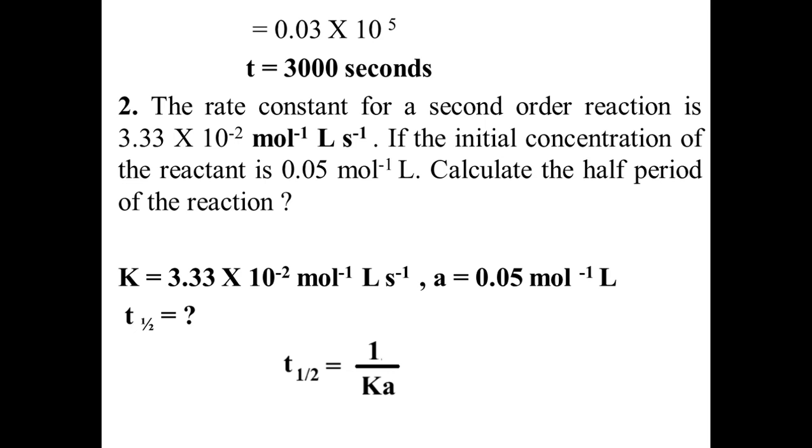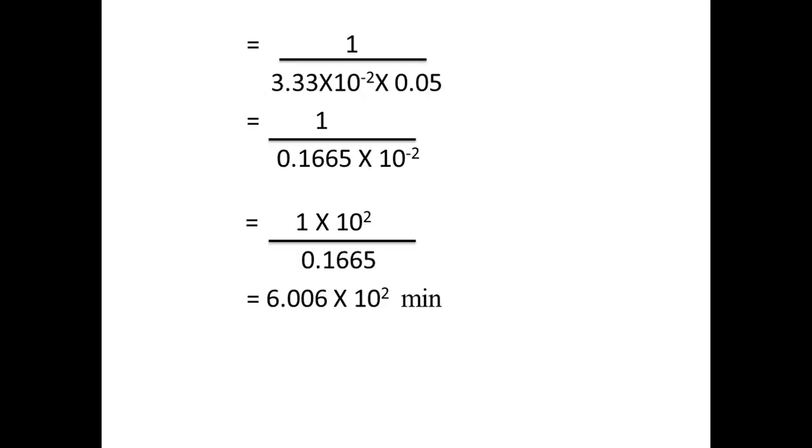Put the t half formula. t half is equal to 1 divided by kA. In the next step, 1 divided by 3.33 into 10 to the minus 2 into 0.05. 3.33 into 0.05 gives 0.1665 into 10 to the minus 2. So 1 divided by 0.1665 into 10 to the minus 2.